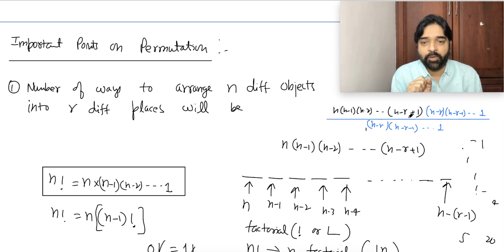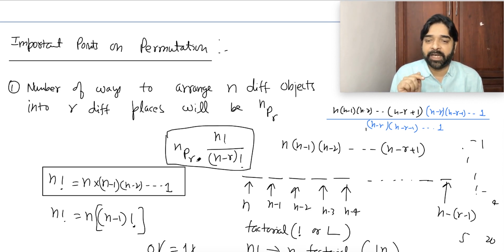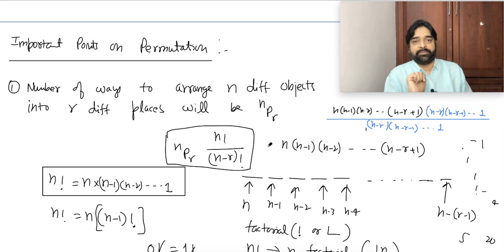So this whole value will be n factorial by n minus r factorial, and this term we write as nPr. This is your nPr. Permutation of n objects taking r objects at a time will be nPr.